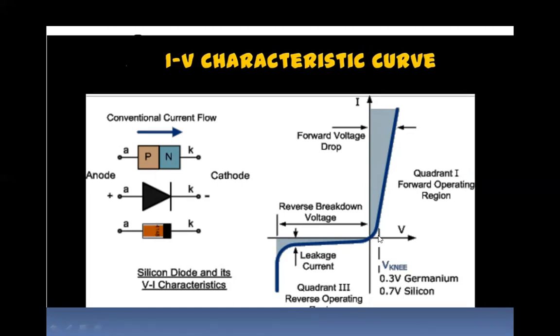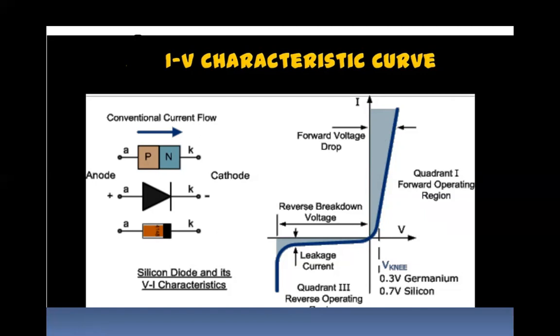When the potential difference crosses the threshold voltage, then the current shoots up. So this is the knee voltage, and after this knee voltage, the current rises rapidly in this manner. This is called the forward voltage drop, which is there in the first quadrant. And this point where the current rises rapidly is called the knee voltage.